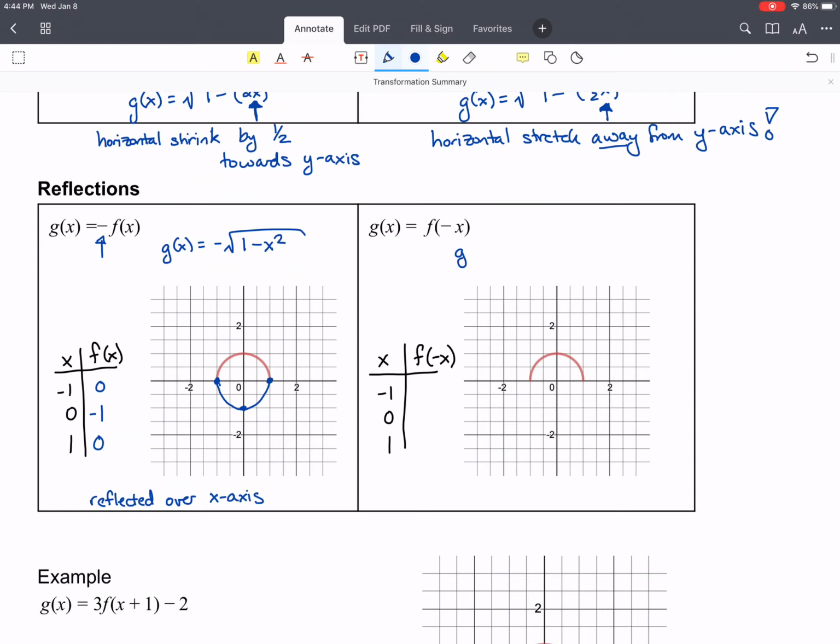On the other hand, when I'm looking at g of x is the square root of 1 minus (-x) quantity squared, then when I plug in -1, I still get 0. When I plug in 0, I get 1. When I plug in 1, I still get 0. In this case, I get the exact same graph. What you don't see is that this has actually been reflected over the y-axis.